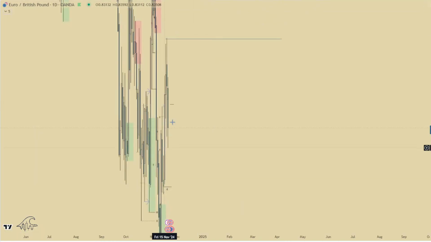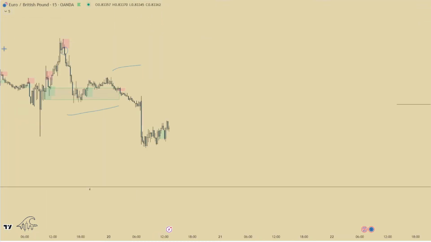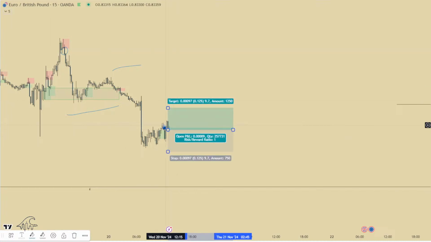So let's double check. This is bullish still. Yep. 15-minute. Long from there. Pretty much where we're at.